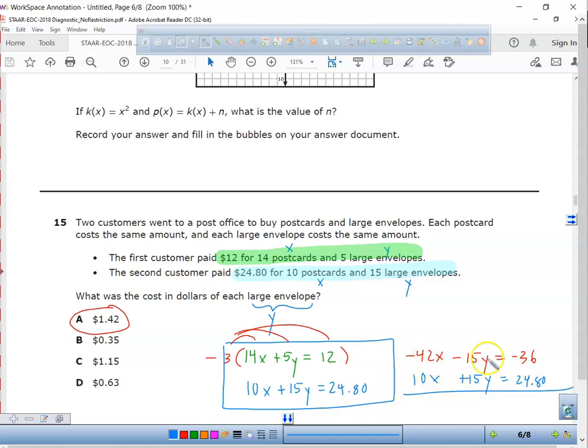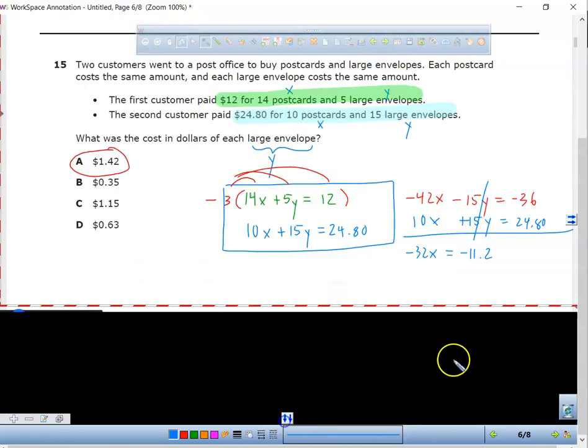So help me out here. We got these cancel out. That's going to be negative 32x. Somebody help me with the negative 36 plus 2480. Negative 36 plus 2480. Negative 11.2. All right, so divide both those sides by negative 32. Do a negative 11.2.